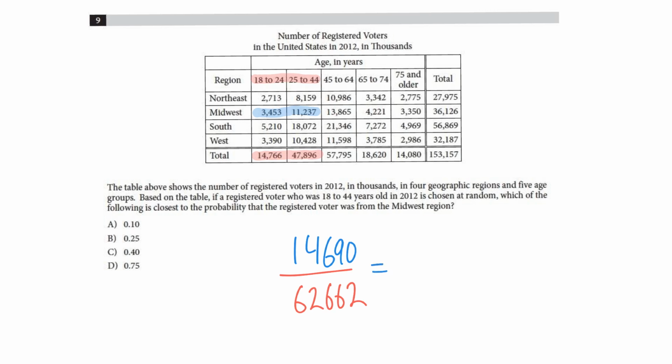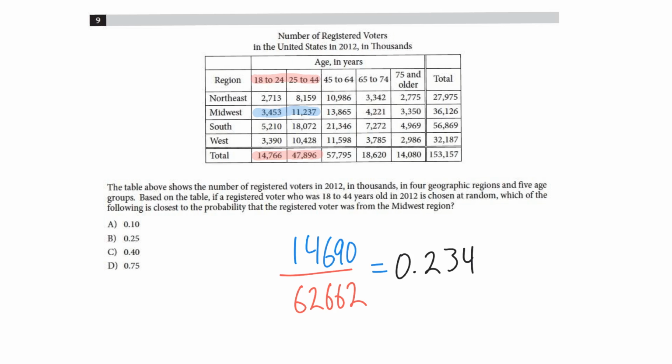Okay. Now I'm just going to divide. I'm going to get a decimal, what that proportion is, and I'll see that 14,690 divided by 62,662 is going to be approximately 0.234.